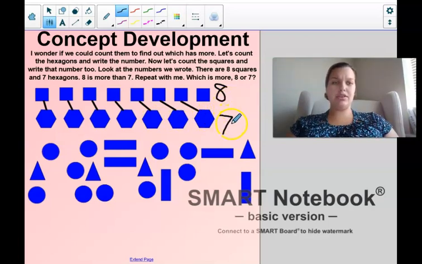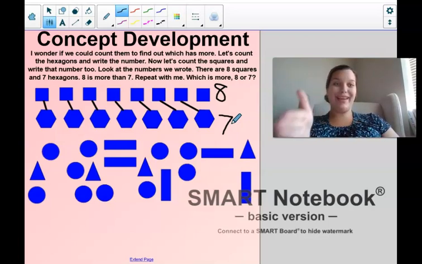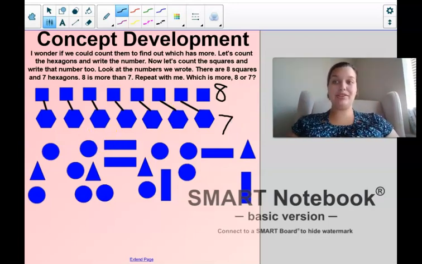So is 8 more or is 7 more? 8 is more. So let's say this together. 8 is more than 7. Go ahead. 8 is more than 7. Great job. We know this because we have more squares than we do hexagons.